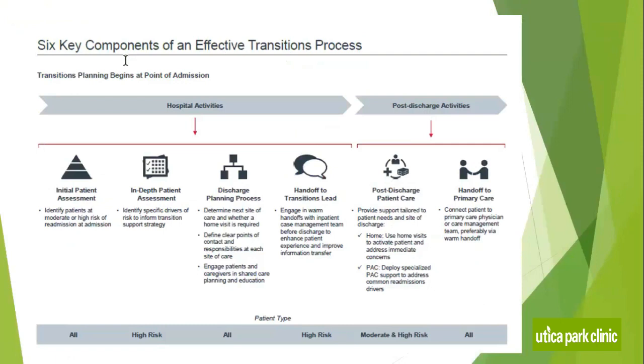On this slide, it does note that all patients need discharge planning and go through a process. However, we identify patients that are high risk, and so there's a more in-depth assessment, and then there's a handoff process to the primary care setting.